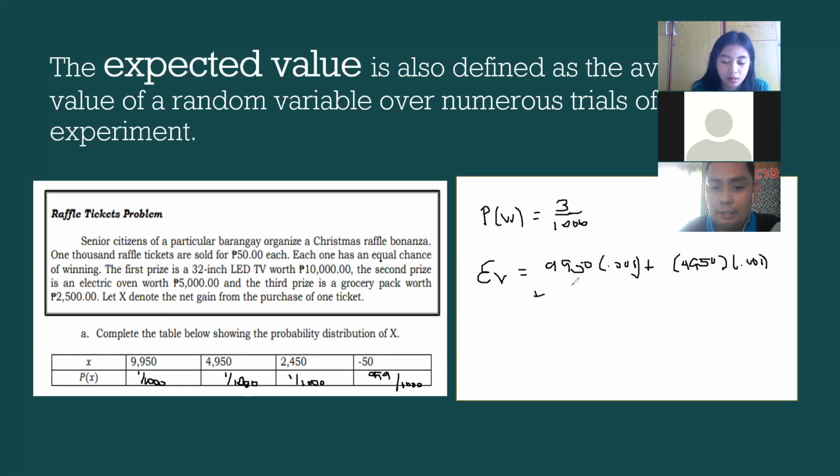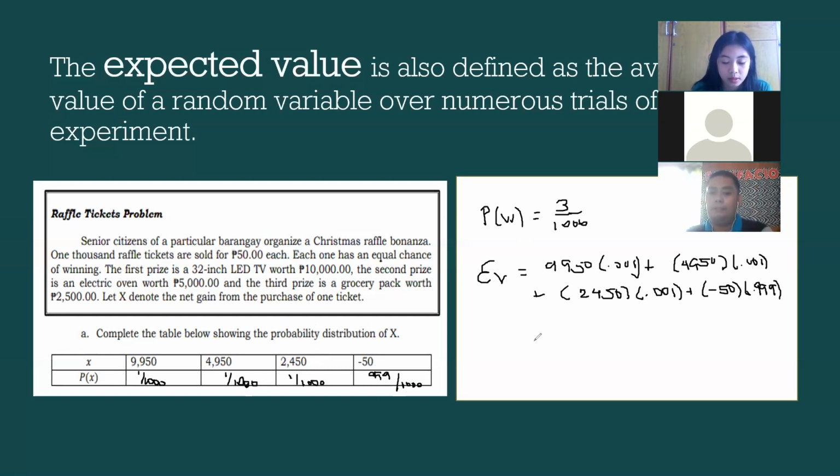Plus 2,450 times 0.001 ulit. Plus negative 50 times 0.999.